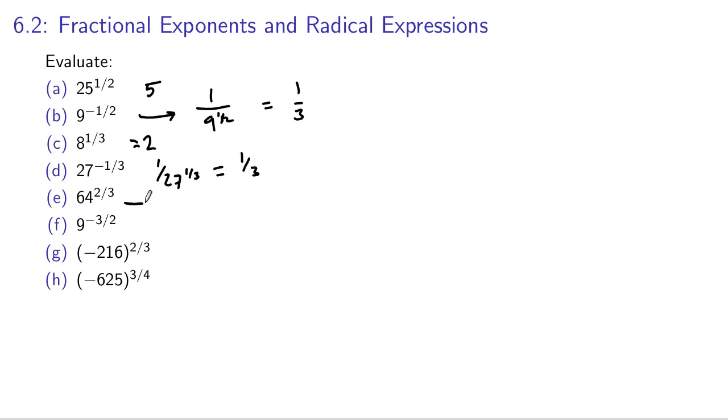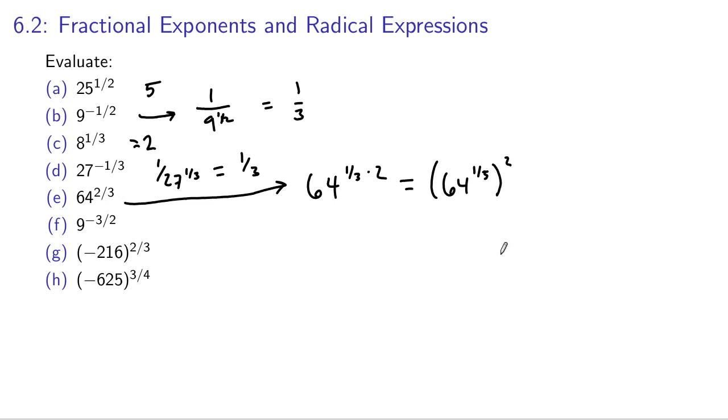64 to the 2/3 power. What do we do with this? It's a little confusing at first, but if we think about it, we can split this up into two numbers. We can split this up into 1/3 times 2, which means we can use the rules of exponents to write 64 to the 1/3 power squared.